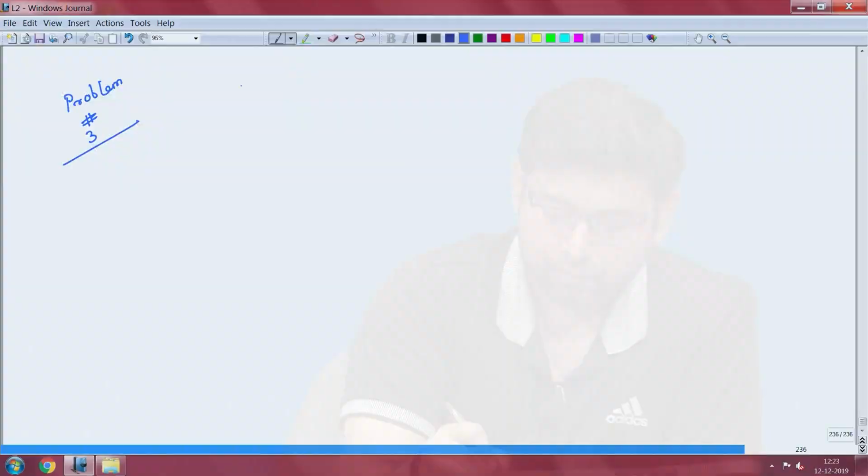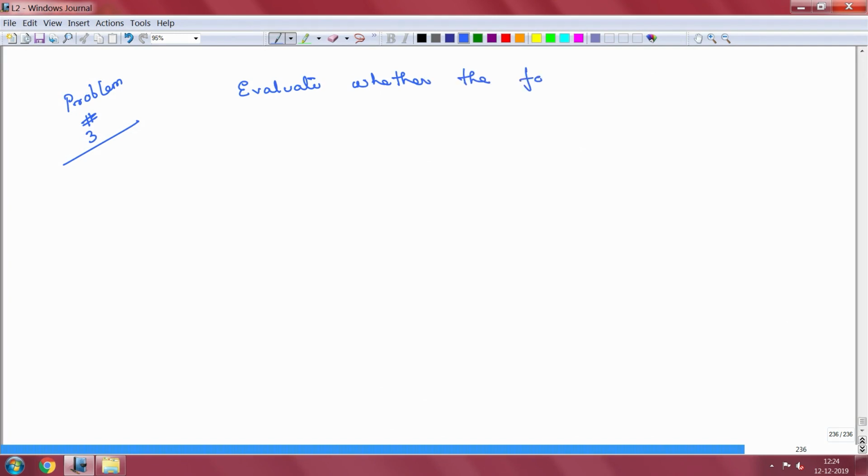I will write down an expression, and the task is to figure out if the expression is correct. So, evaluate whether the following relationship is possible.